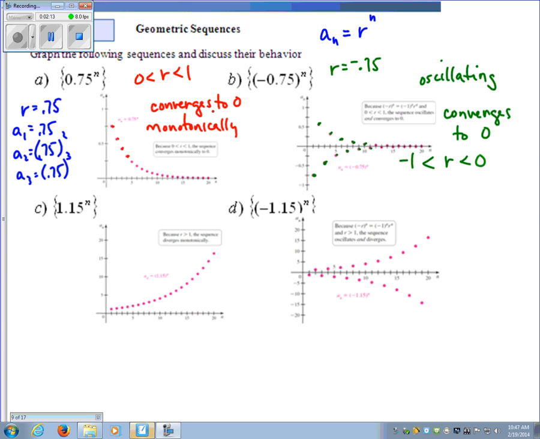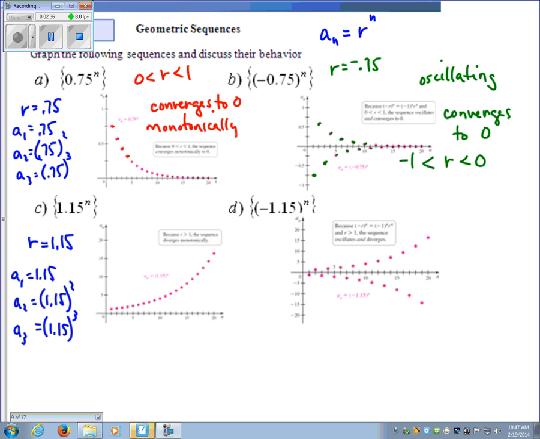Okay, now in the third one here, we have an equation where the r is 1.15. So your a1 is 1.15. Your a2 would be 1.15 squared. Now what happens is you take a number that's bigger than 1 and continue to multiply by that number.